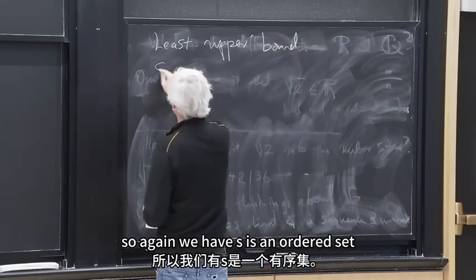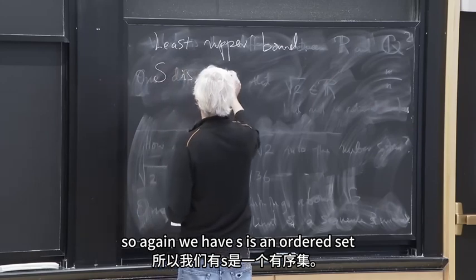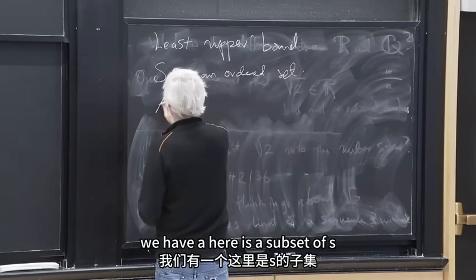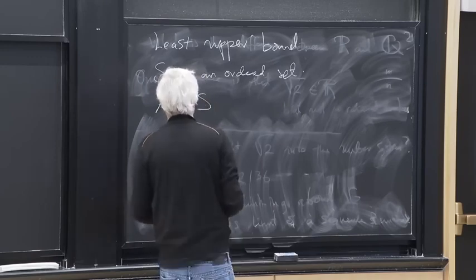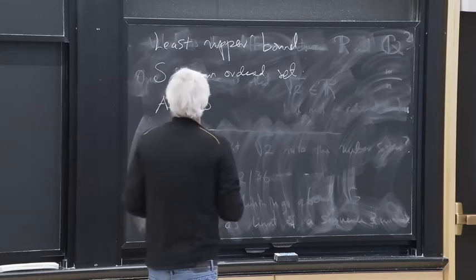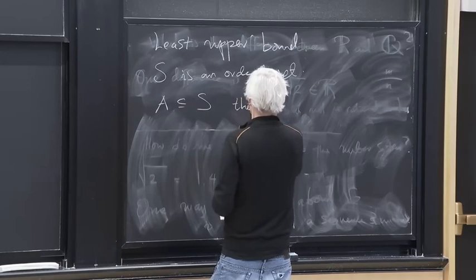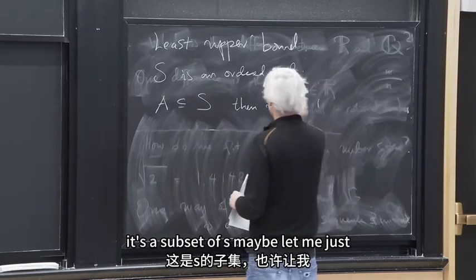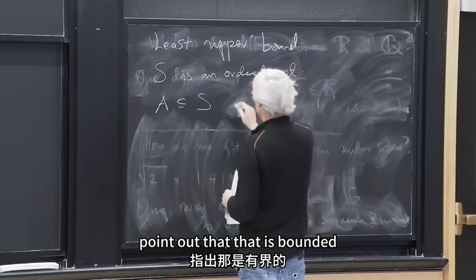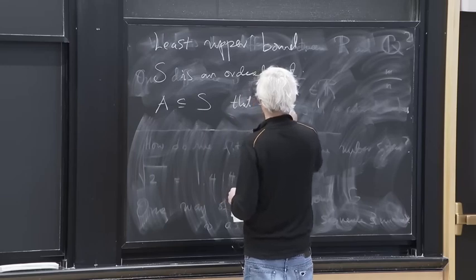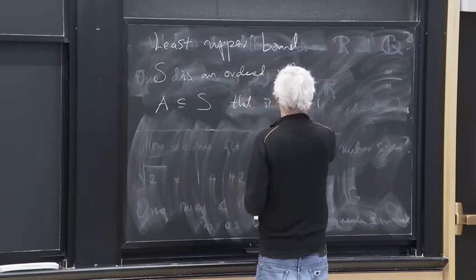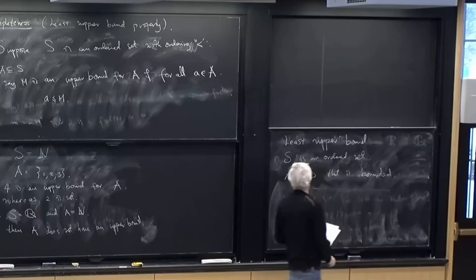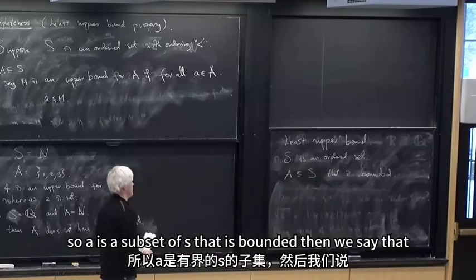Again, we have S an ordered set, and A a subset of S that is bounded.